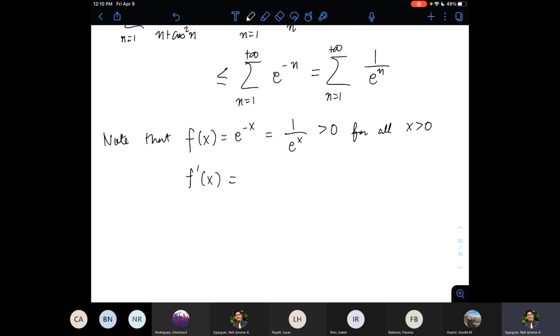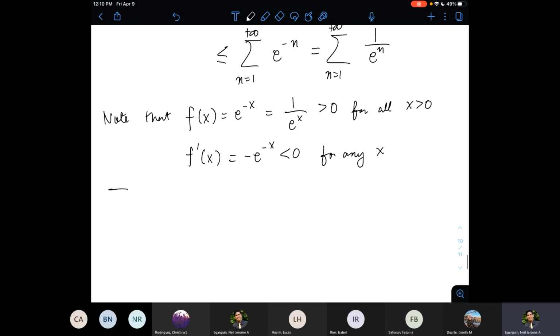The derivative is minus e to the minus x, which is always negative for any x, so f is decreasing. Remember from Cal 1, a negative derivative means that the function is decreasing. So f is positive and decreasing, and we can apply the integral test to its corresponding series.